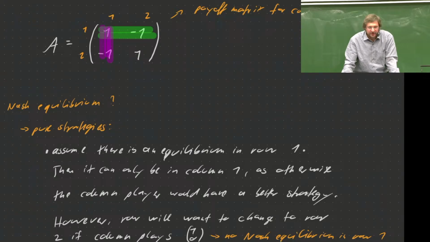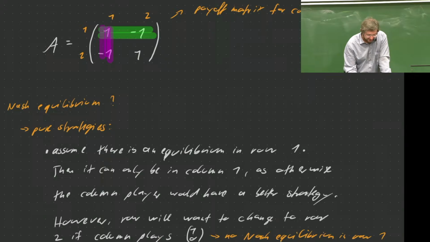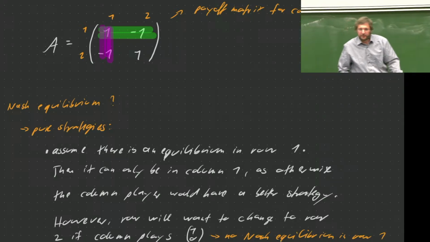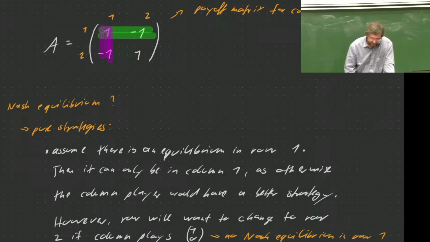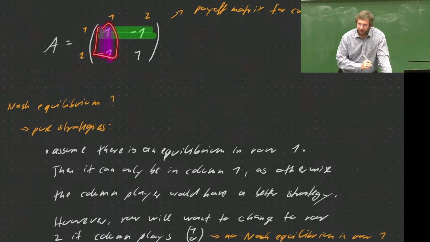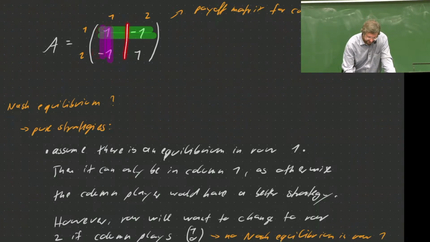Is that a Nash equilibrium? Well, obviously, row doesn't have an incentive to change his strategy, but column has, right? If column changes to this here, and row stays at the second row, then this will be the new payoff point, and that means column wins. So there is no Nash equilibrium in the first column. Let's look at the second column.